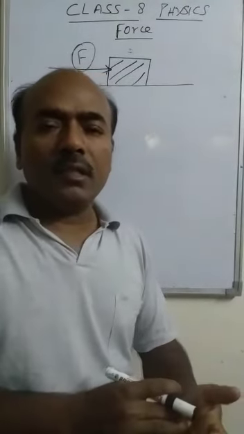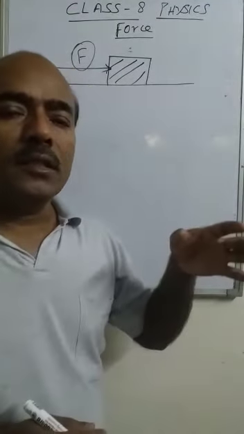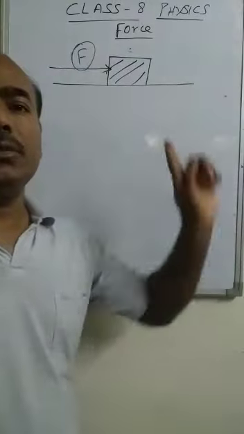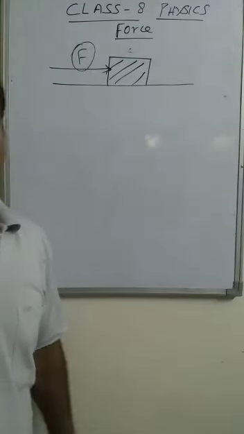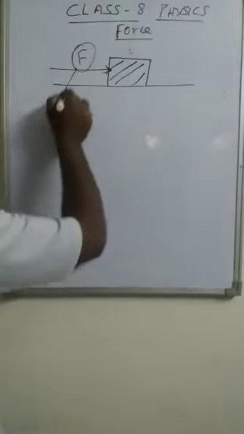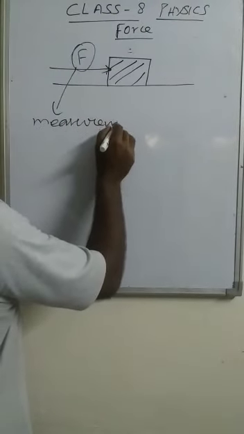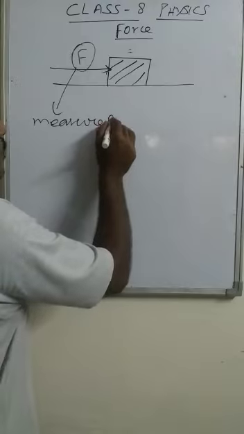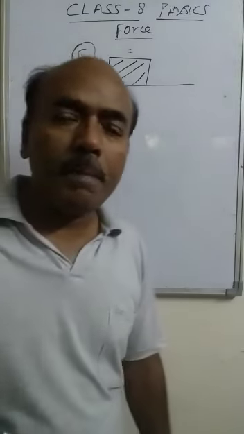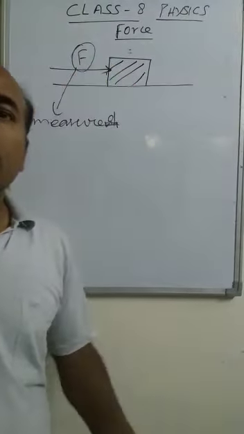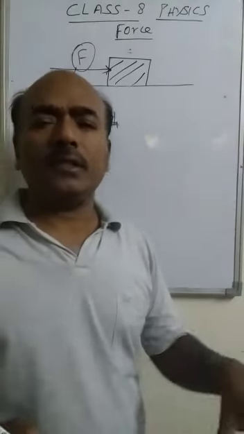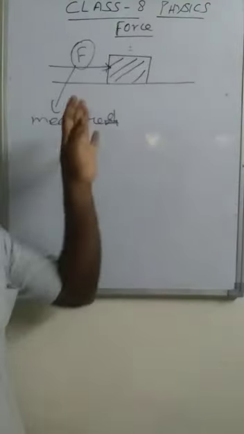The force applied should be sufficient to change its state. In that case, the force has to be measured, because in physics, everything is to be measured. Here, the force is also to be measured.